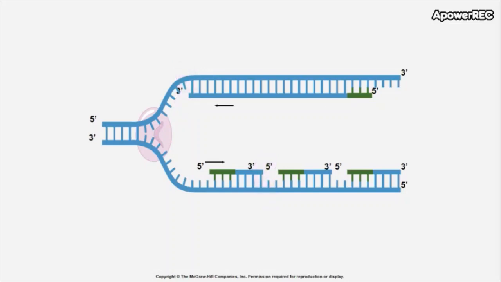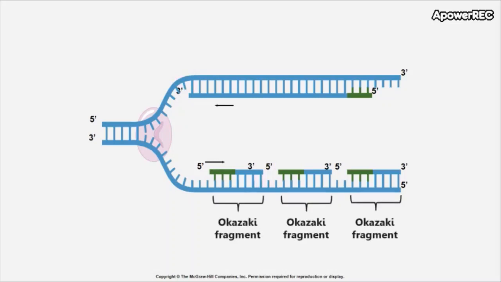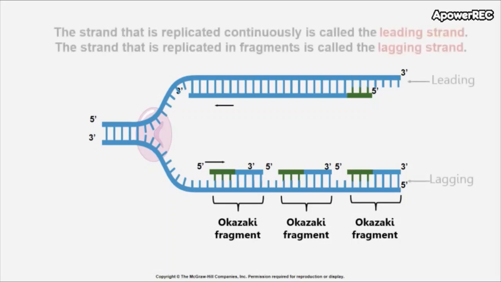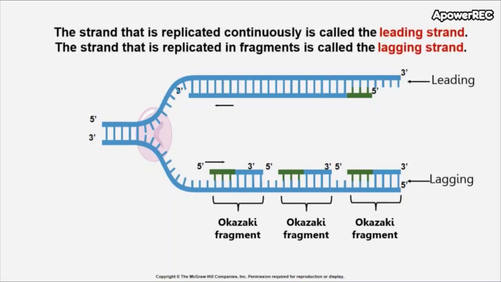All right. So how does biology solve the issue of this fragment that is formed? Well, these fragments are called Okazaki fragments, named after the scientist who discovered them. And what was discovered is that we have one strand which is a little ahead of the other strand.